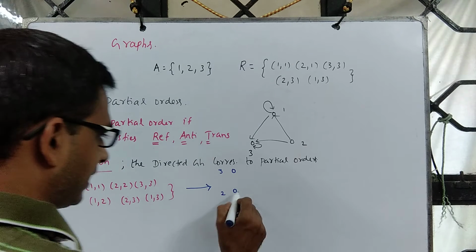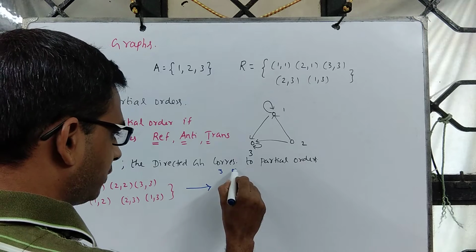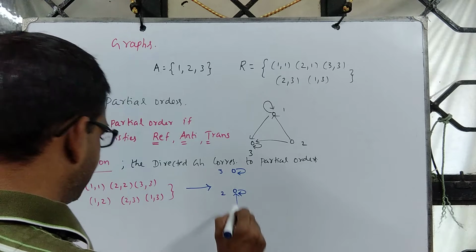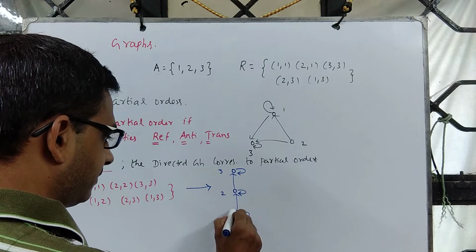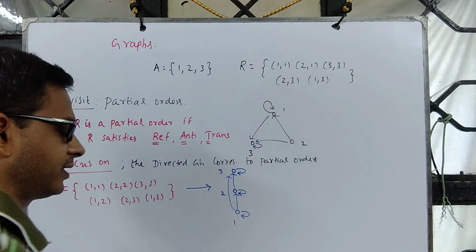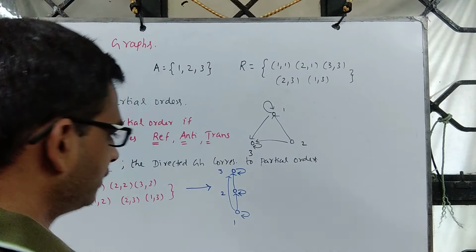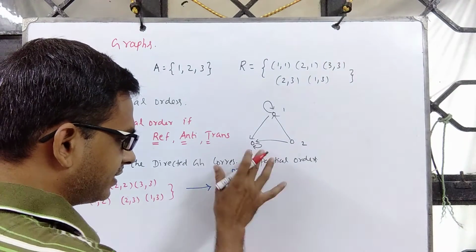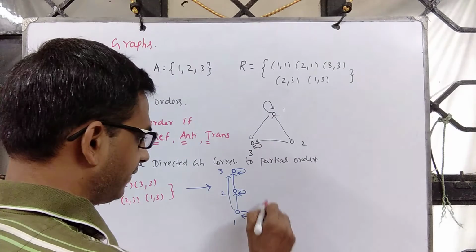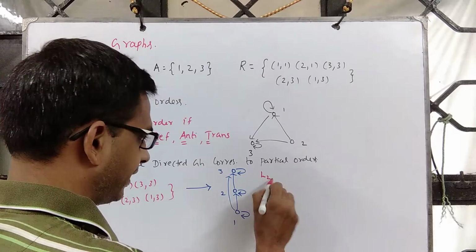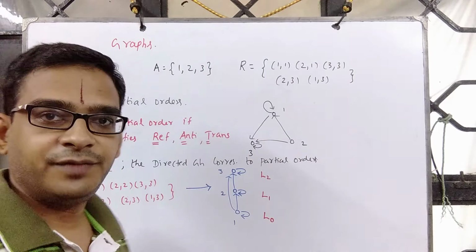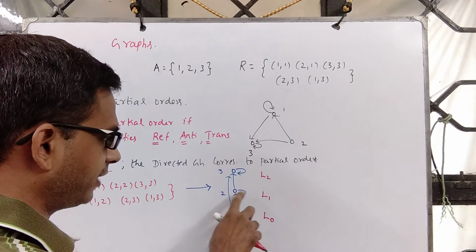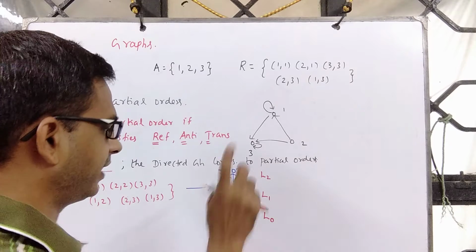So for (1,1) there is an arc, (2,2) there is an arc, (3,3) there is an arc, 1 to 2 there is an arc, 2 to 3 there is an arc, and 1 to 3 there is an arc. In some sense, I have arranged the vertices like a linear chain: vertices at level 0, level 1, level 2. So the vertices are arranged in a chain-like fashion, and there are arcs (1,1), (2,2), (3,3), (1,2), (2,3) and (1,3).